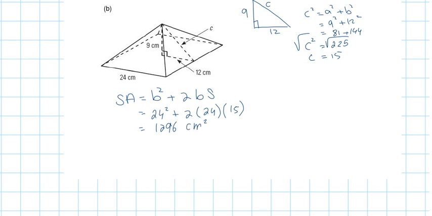Okay, so this is the case where I don't have the slanted height and I need to calculate that. Are we okay with that? Do you guys have any questions so far?